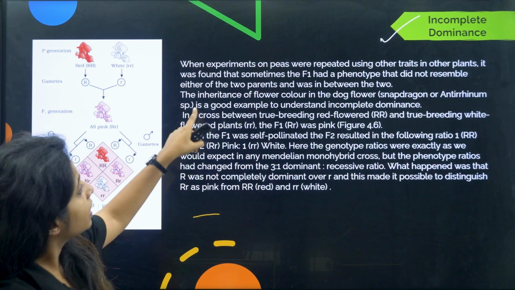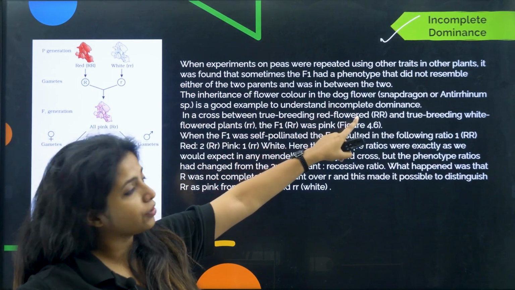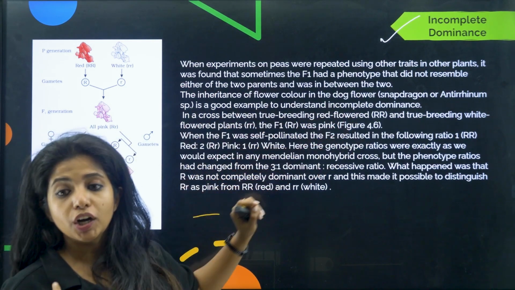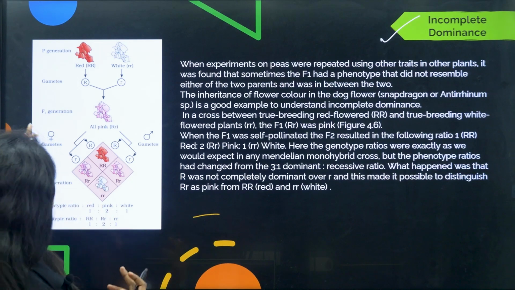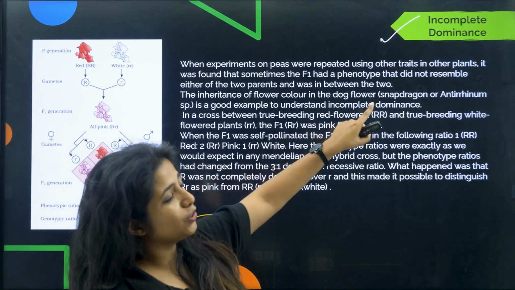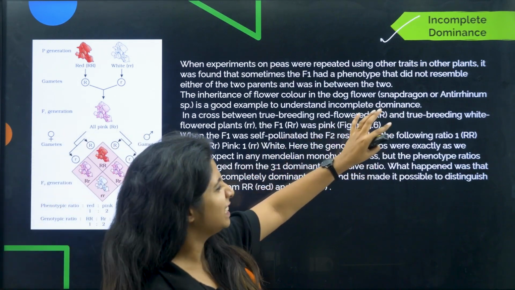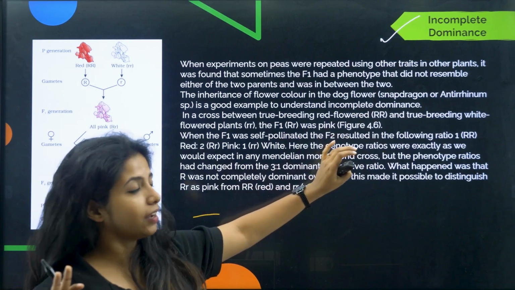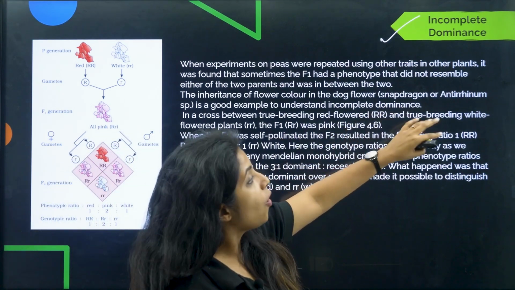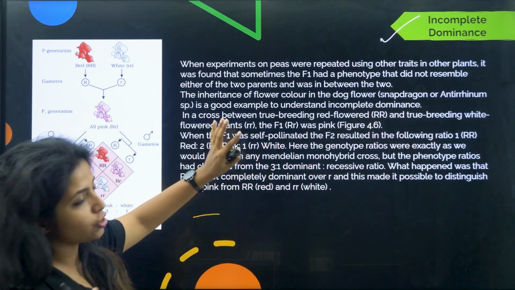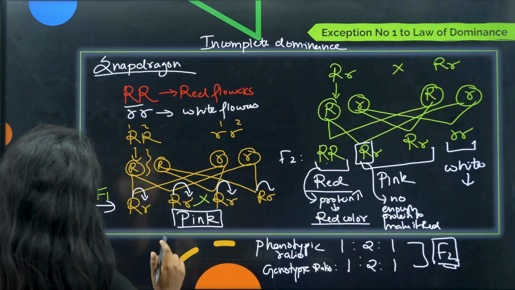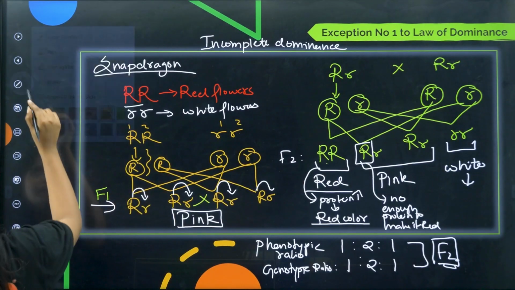Now, going ahead, the inheritance of flower color in dog flower. Snapdragon, you also call it dog flower. Please remember, it is also known as dog flower, not dog dragon, and snapdragon or Antirrhinum species as well. So you have different names. I'll write it here so that you don't forget.